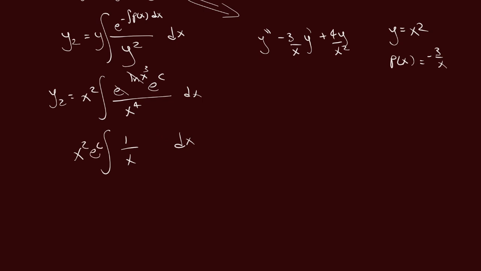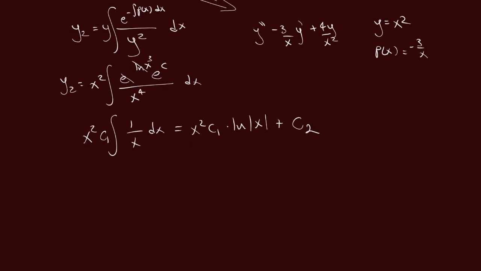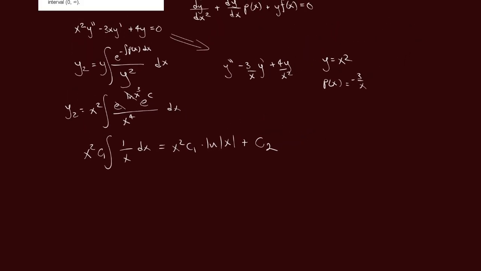And that's just x squared. I'll call this c1. So that'll just be x squared times c1 times ln of x plus c2. So let's see what I can do now. So this is actually my y2.